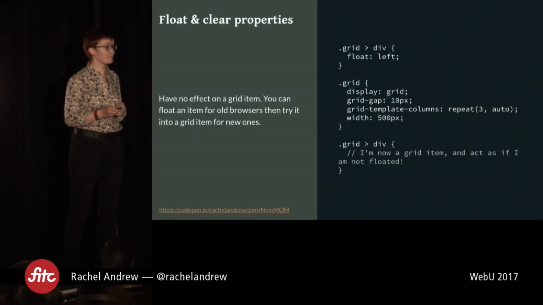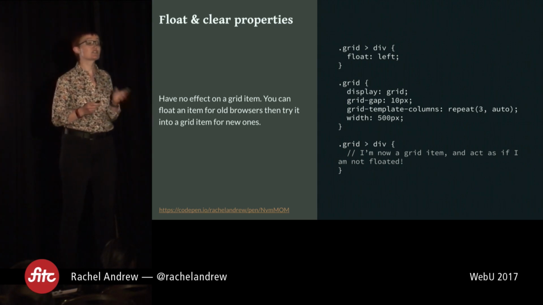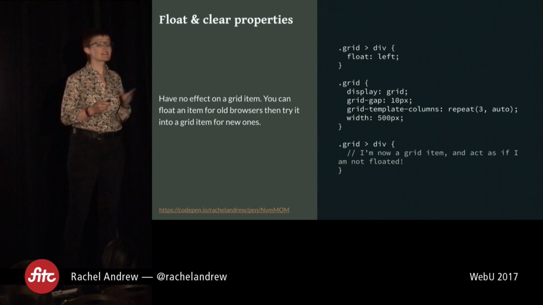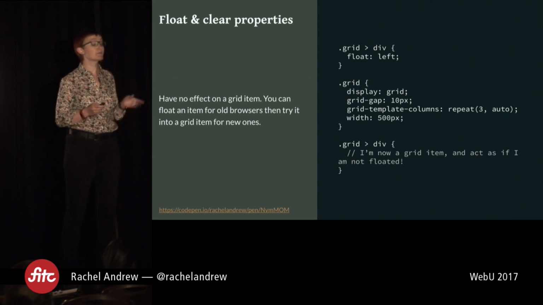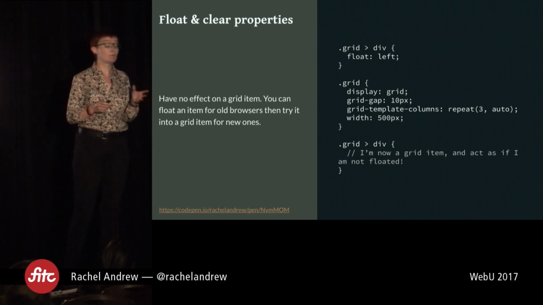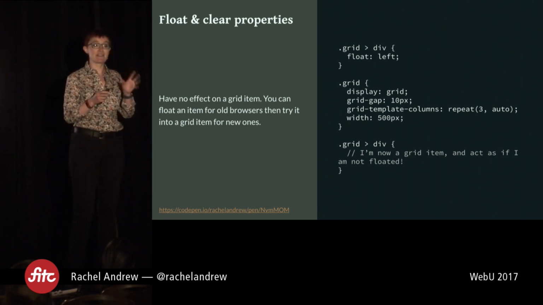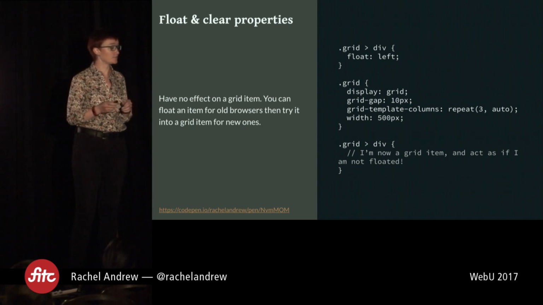So with Grid, you might want to float things and then make those items into Grid items later. That's fine. If something's floated and it becomes a Grid item, all the float properties and the way floated things behave just get thrown away. And the same with clear. So you can have something floated, you can then turn it into a Grid item, and there won't be any weird floaty behavior hanging around and causing you any problems.